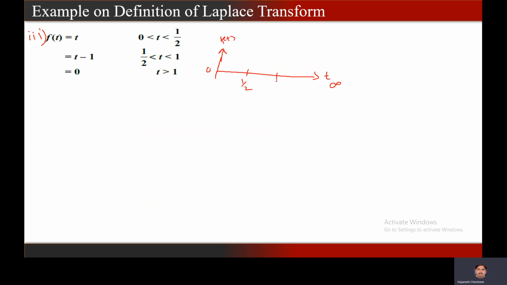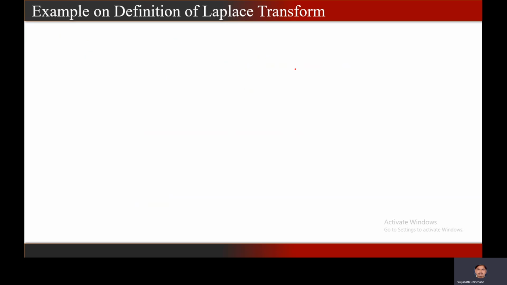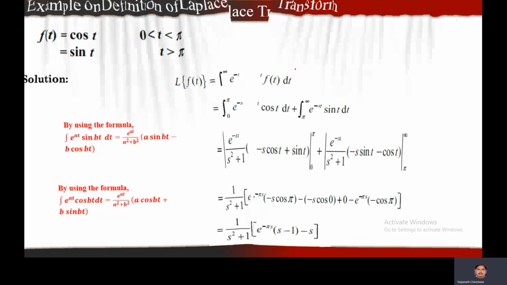Suppose it is half, it is 1, which means in 0 to half the value is t, in half to 1 the value is t minus 1, and for t greater than 1 the value is 0.